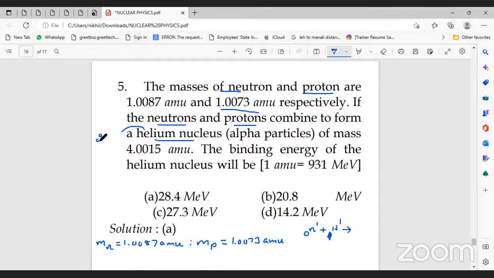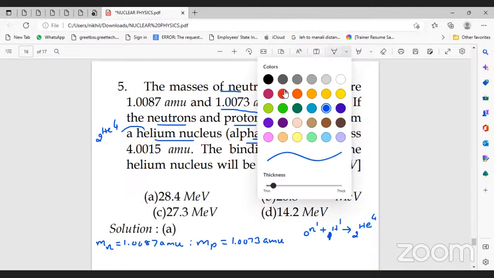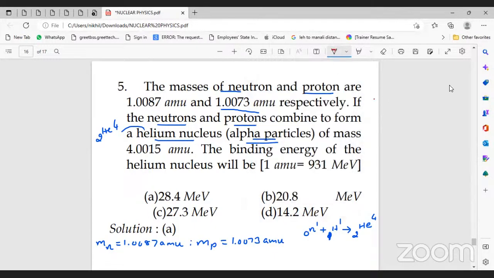Please remember, helium nucleus is an alpha particle, which is nothing but 2He4. So neutron and proton combine to form a helium nucleus, that is 2He4. Now you just balance this equation, students.